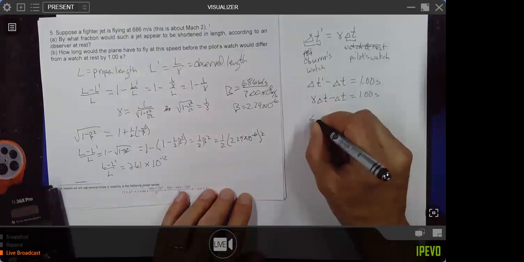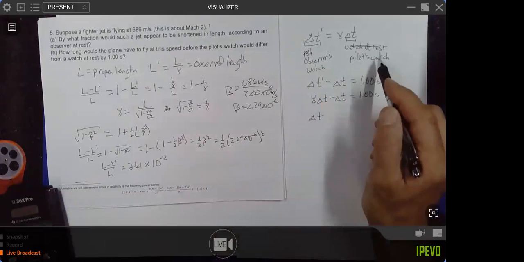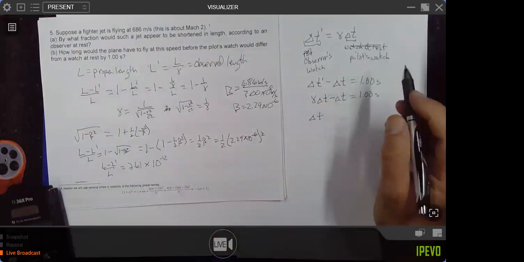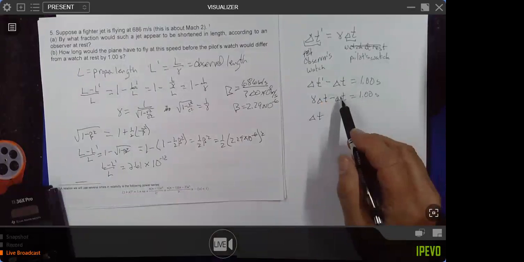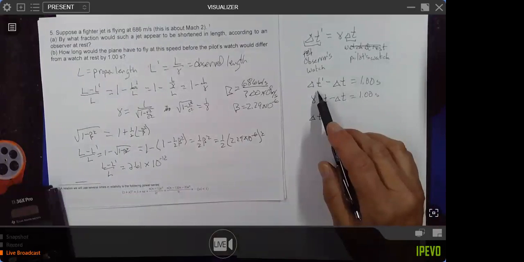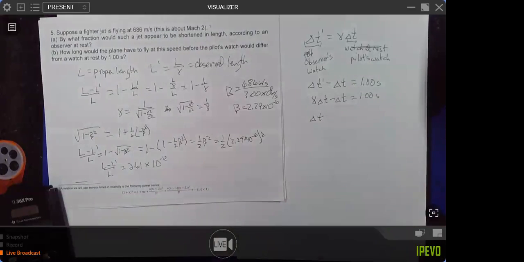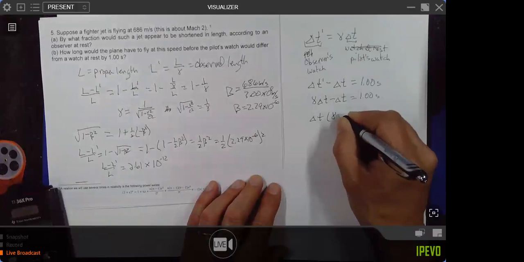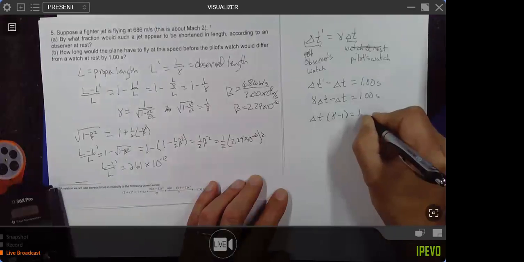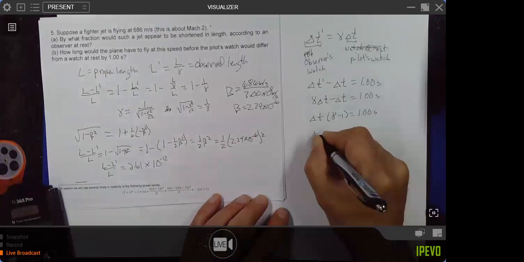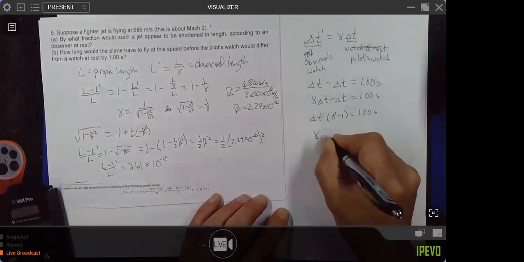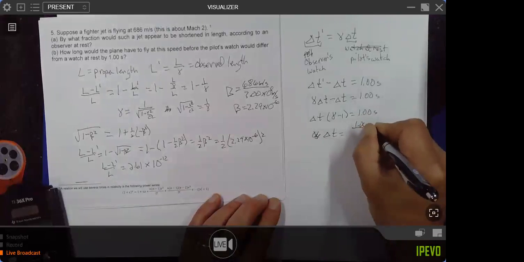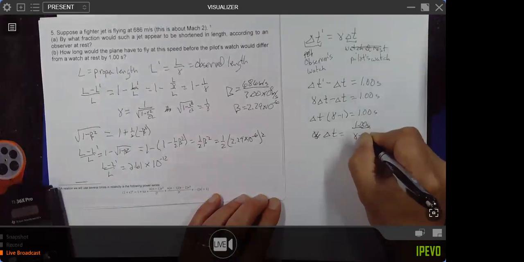Now the delta t is actually going to be a time on the pilot's watch, but when we get to the end of it, all we'll have to do is add 1 second to it, and we'll have the time on the earthbound observer's watch, if it's going to make a difference. So delta t times (gamma minus 1) has to equal 1.00 seconds, or delta t is going to have to be 1.00 seconds divided by gamma minus 1.